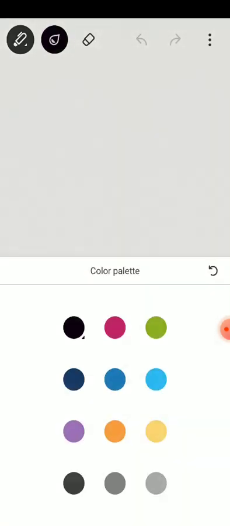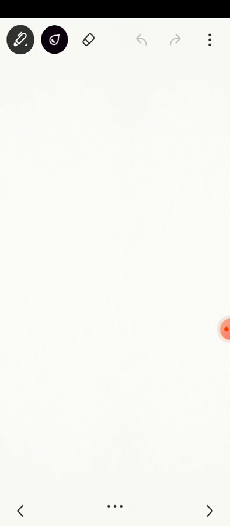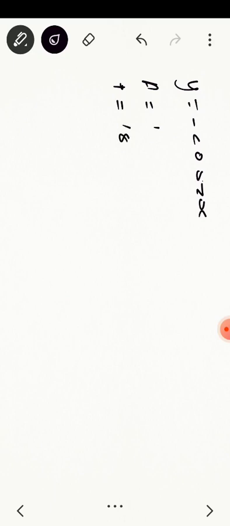So if it happened that you're asked to draw the graph of y is equal to minus cos 2x, we are going to have our amplitude being equal to 1. The period is equal to 360 divided by 2, which is 180. And then our interval is going to be 180 divided by 4, which is going to give us 45.